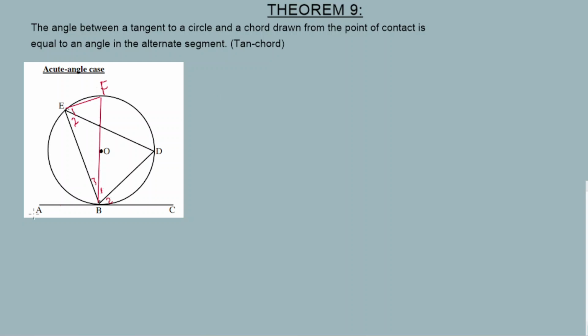Also we are given a tangent ABC. Right? This time we are given a tangent. That's our hypothesis. Given tangent. We are required to prove that angle B2, let's say angle DBC, is equal to the angle BED, this angle.